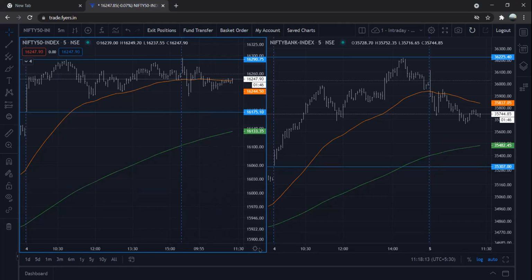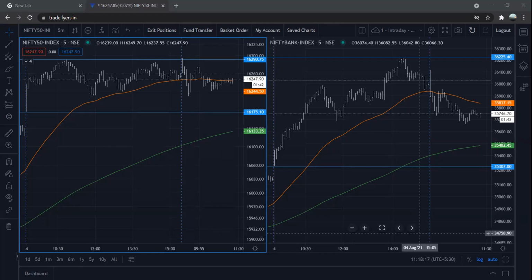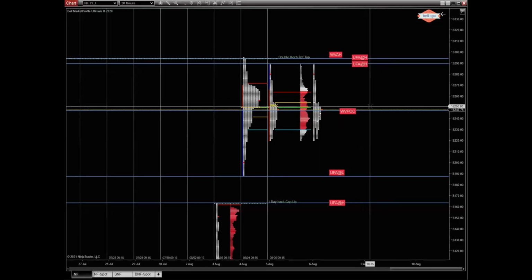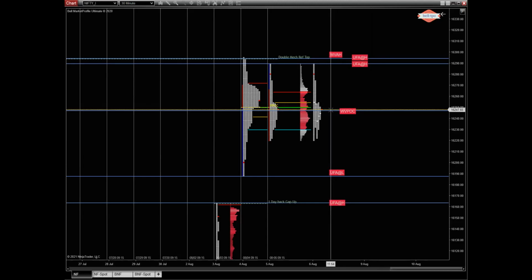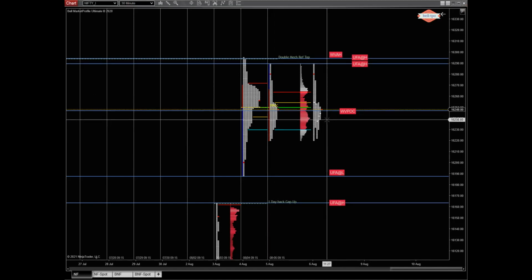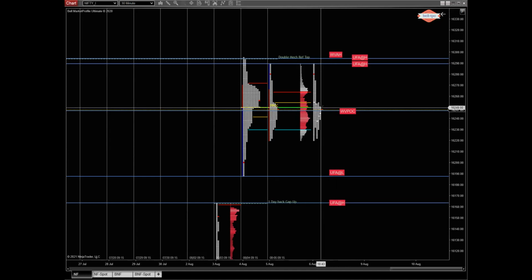Let me switch back to the market profile chart and see if the auction is strong. If buyers are strong, then we should see continuation to the higher side. But overall, this is where we are seeing a rejection at VWAP and also at the developing point of control.